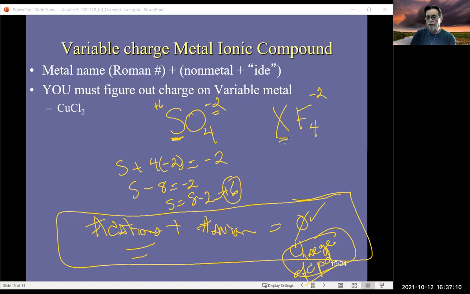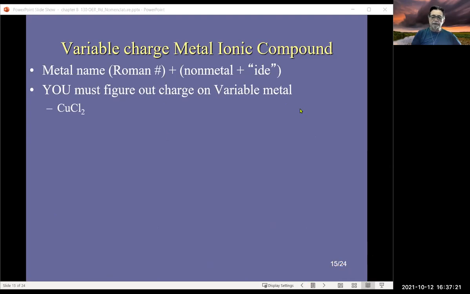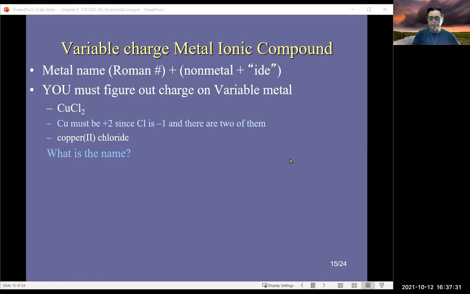Well, you can calculate what the oxidation number is for X, the hypothetical element, using that broad equation. After all that, we figured out that copper must be a +2, so its name would be written as copper, Roman numeral 2, uppercase, chloride.